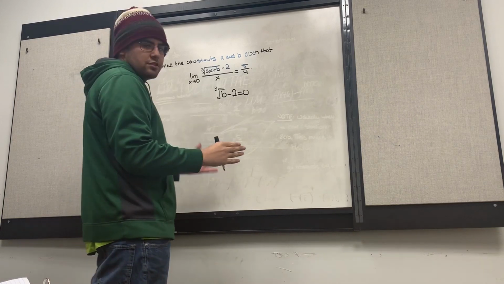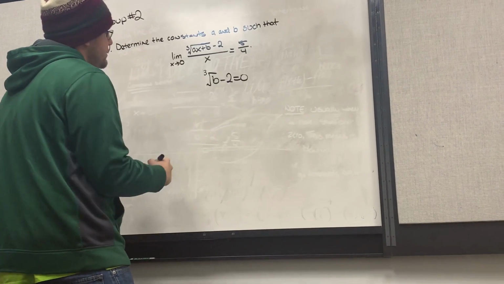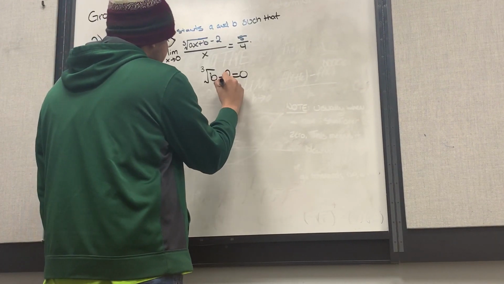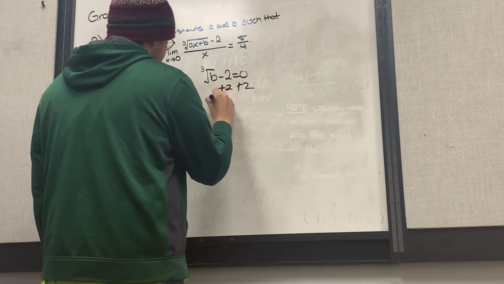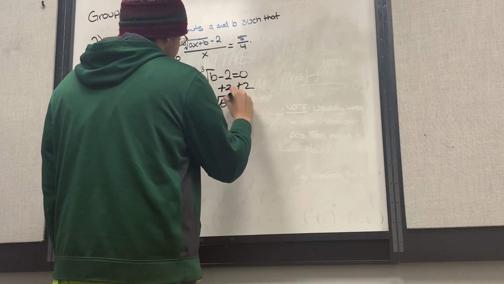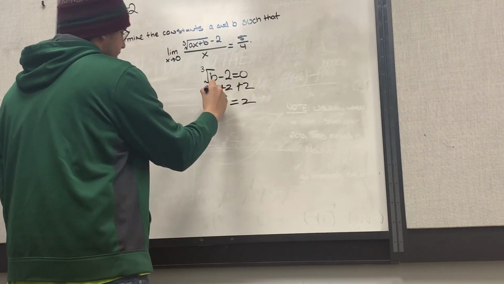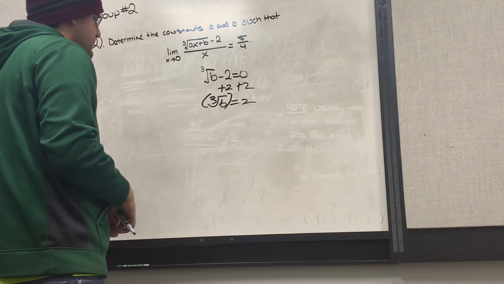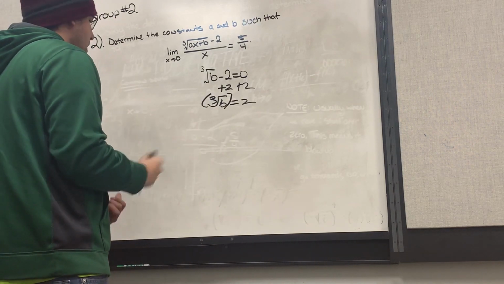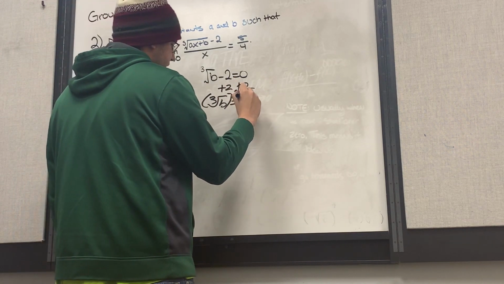So now let's try to solve for b. The first thing we're going to do, basic math, is add 2 to both sides, which will get us just the cube root of b equals 2. Next, to get rid of the cube root of b, we set both sides to the power of 3.